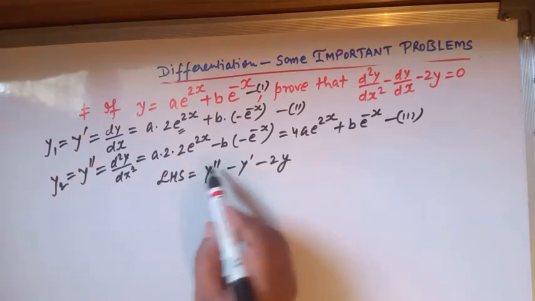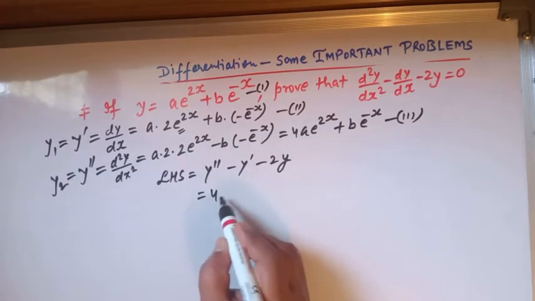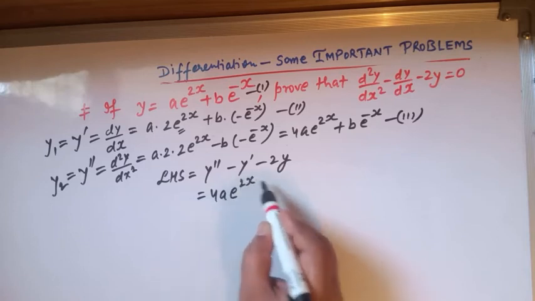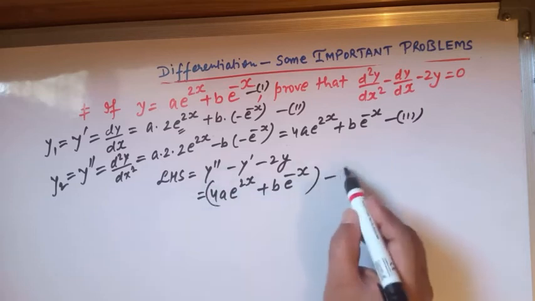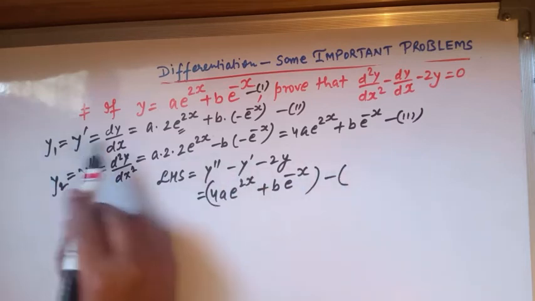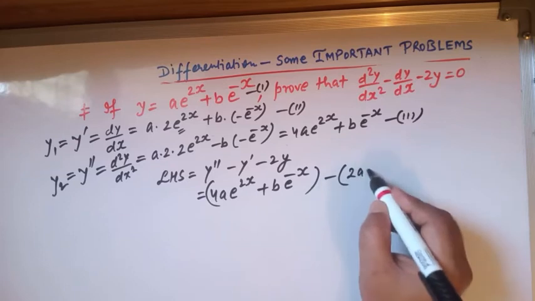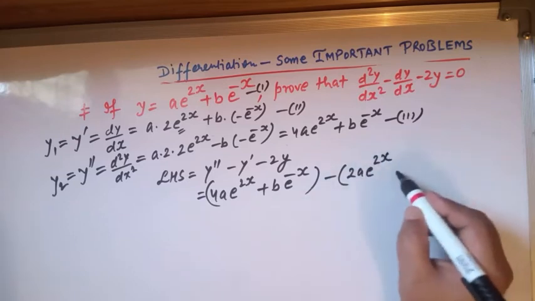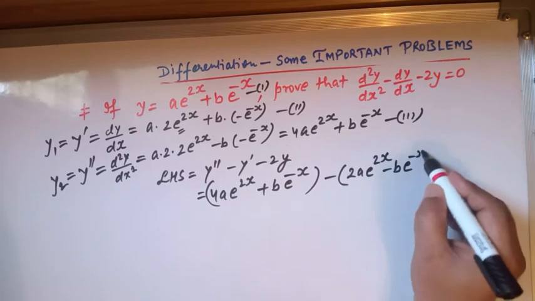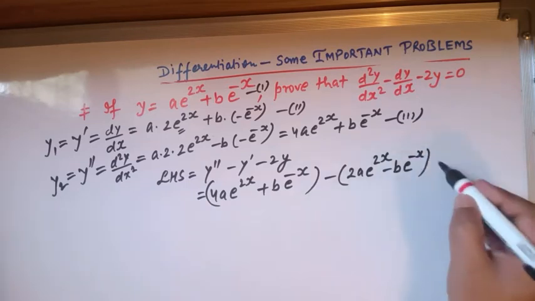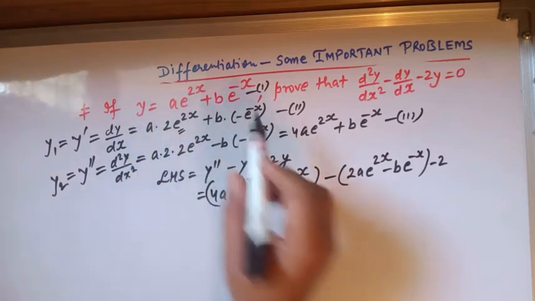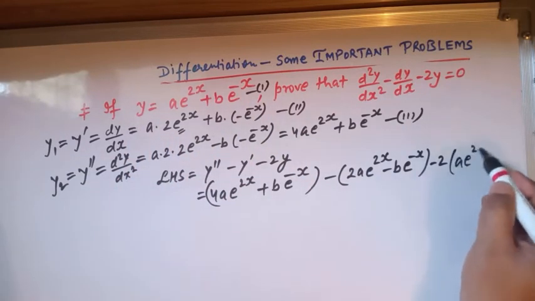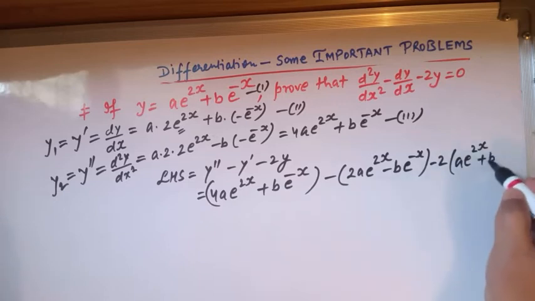So y double prime is 4a e raised to 2x plus b e raised to minus x, minus the value of y prime, which is 2a e raised to 2x minus b e raised to minus x. Then we have minus 2 here, and the value of y is a e raised to 2x plus b e raised to minus x. Clear?